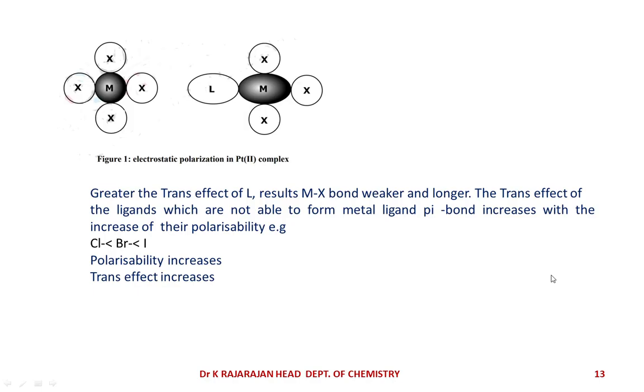That is the order of polarizability increasing from chlorine to iodine. So when polarizability increases, the trans effect increases. Bromine will be more polarizable than chlorine, and iodine in turn has more polarizability than bromine, so accordingly the trans effect will also increase.